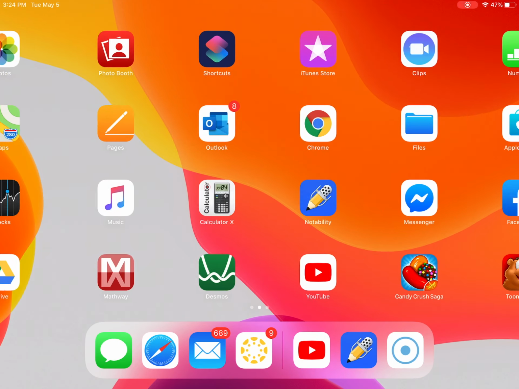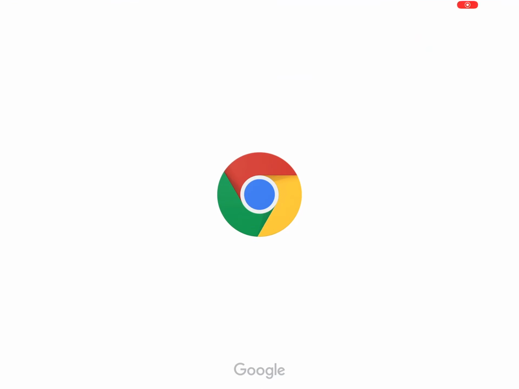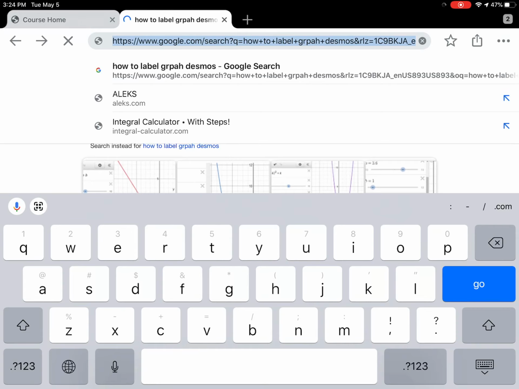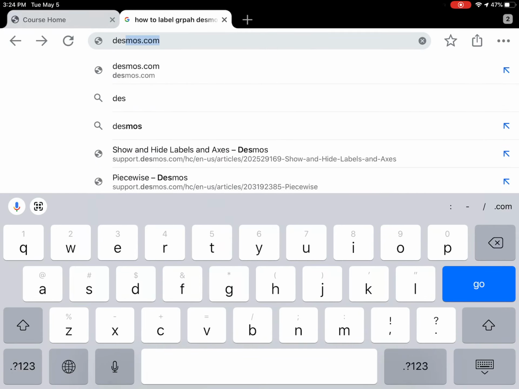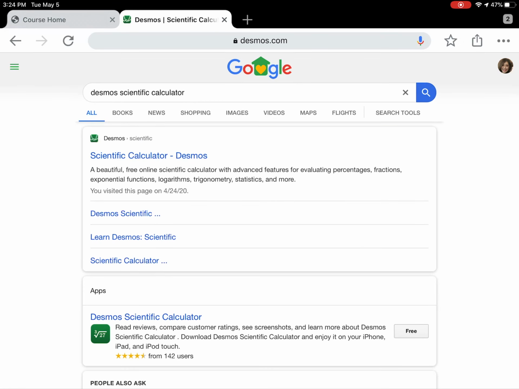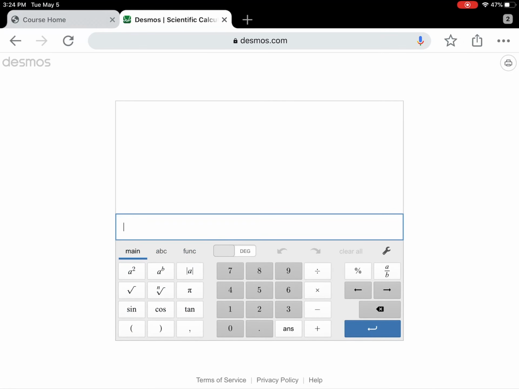Okay, all right, let me open up a scientific calculator up here. Desmos scientific calculator. Here it is. So the equation was what? 275,000 times 0.26 raised to the 5th power, right?